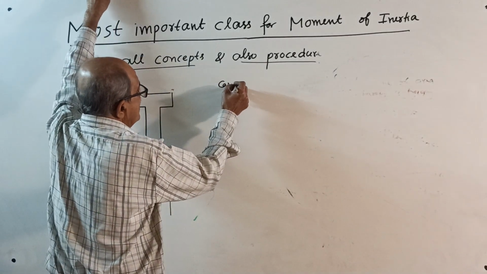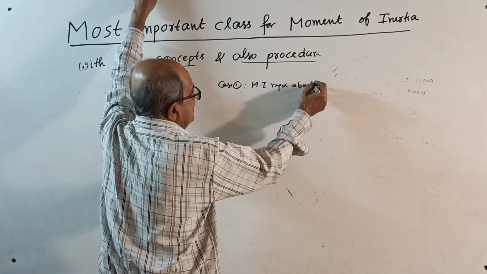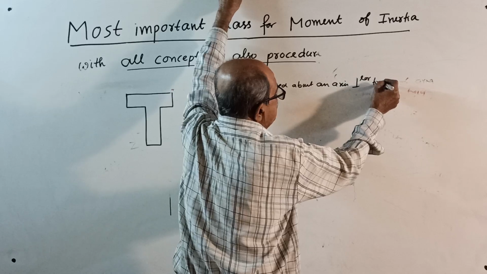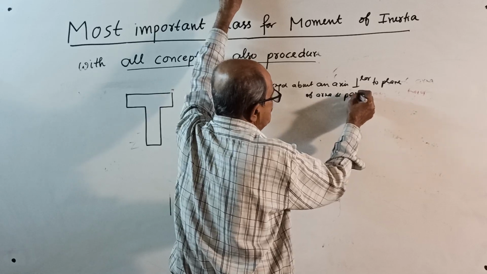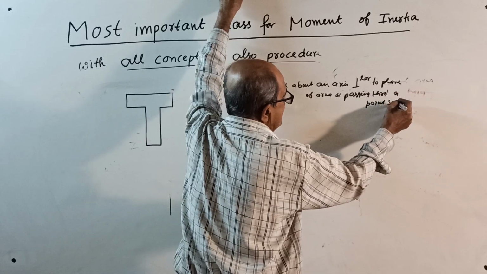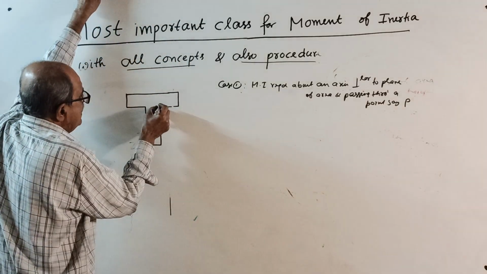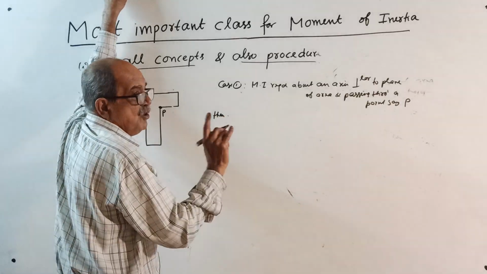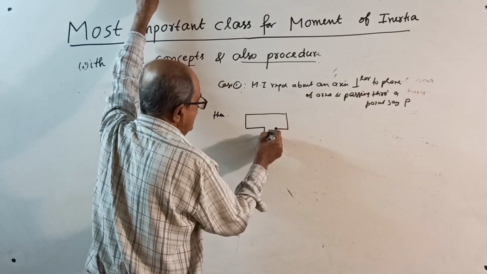Case 1, moment of inertia required about an axis perpendicular to plane of area and passing through a point, say P, some point they will tell, anywhere they will tell, passing through a point P, see here, P. Then no locating centroid, see, this is a point P.